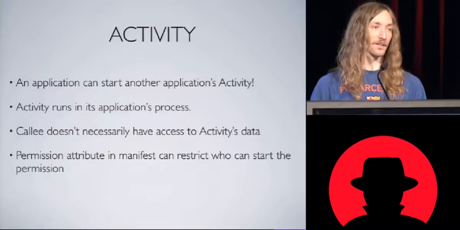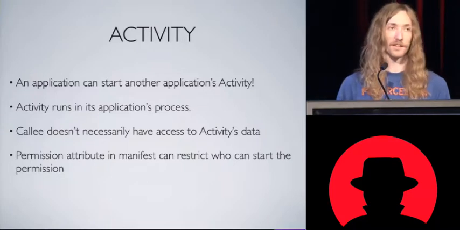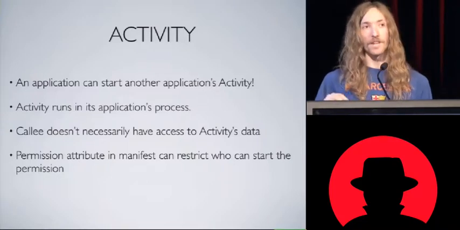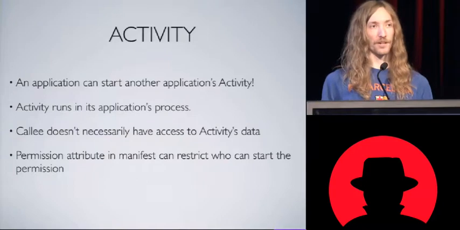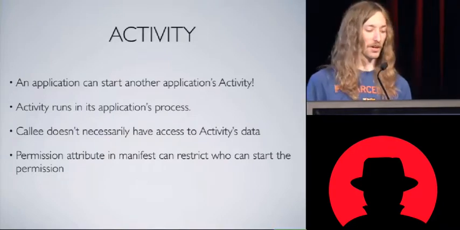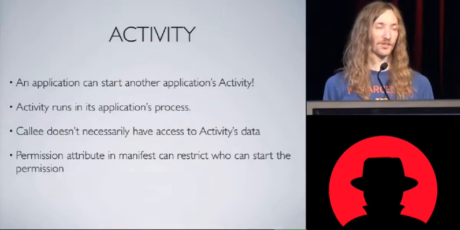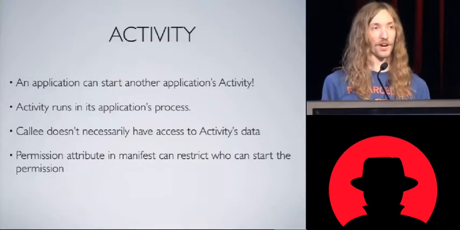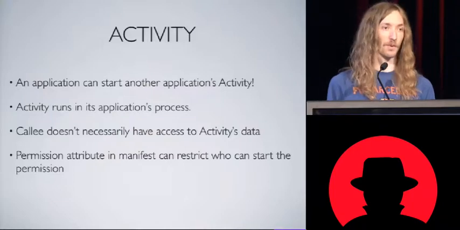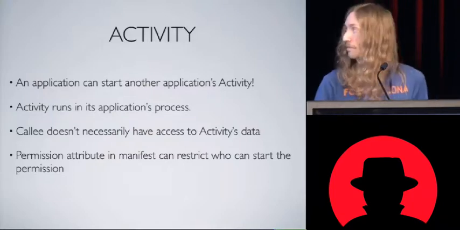Activities, like we said earlier, you can define in the manifest. If you don't want people to be able to start your activity, you can request a permission to enforce access to this, so that any application that wants to start your activity would need to request this permission and be granted that to start it.